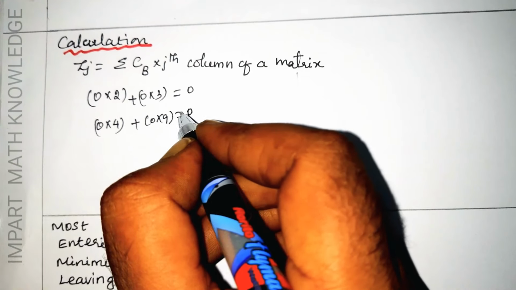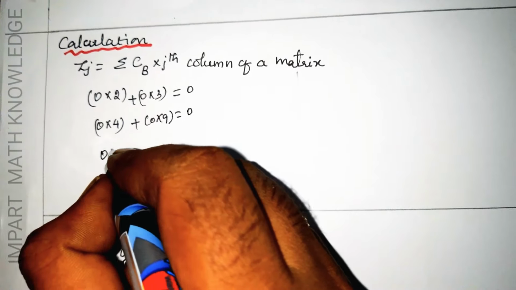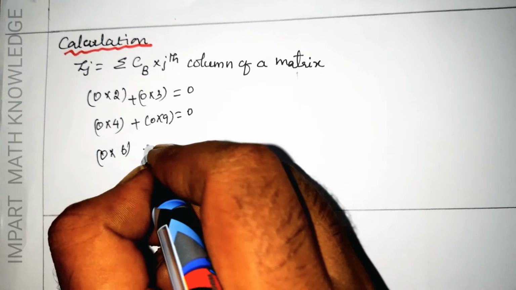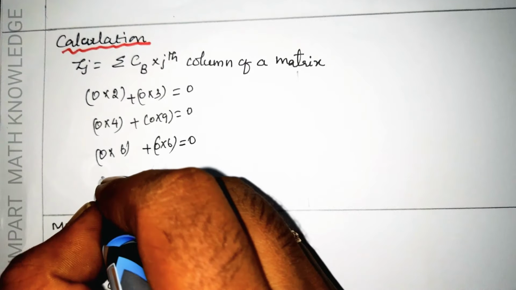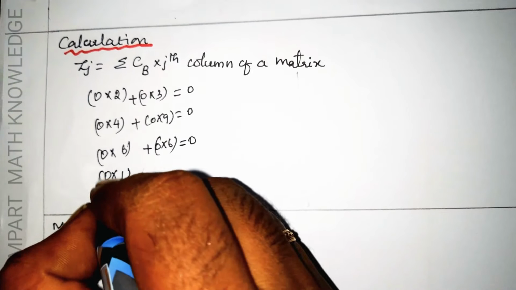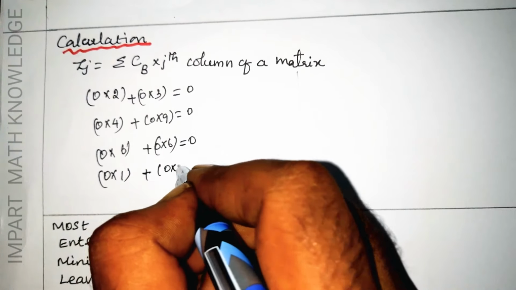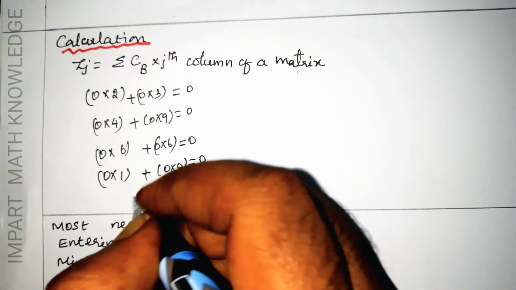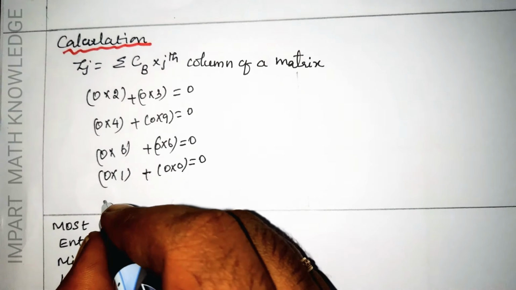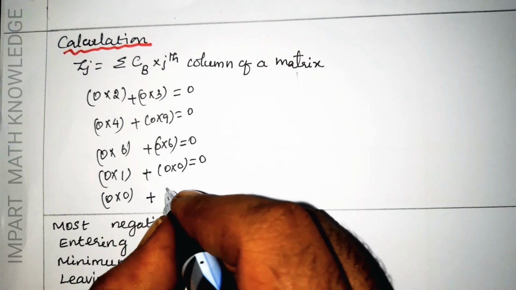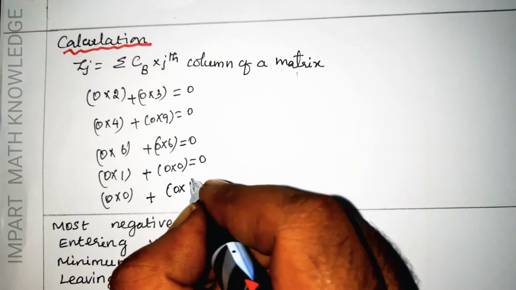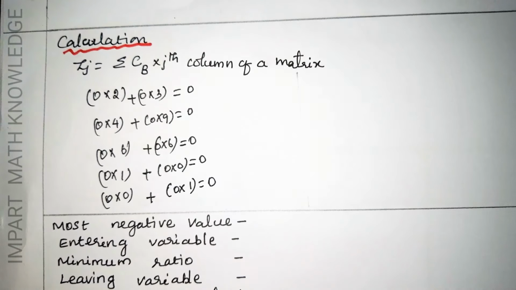So the value is 0. Now 0 into 6 plus 0 into 6. So the value is 0. Now 0 into 1 plus 0 into 0. So the value is 0. The last one is 0 into 0 plus 0 into 1. So the value is 0.